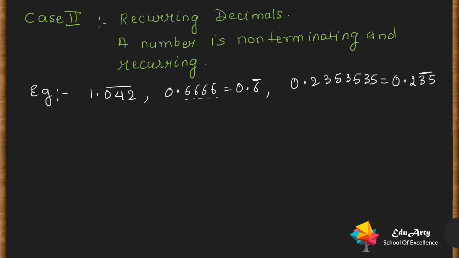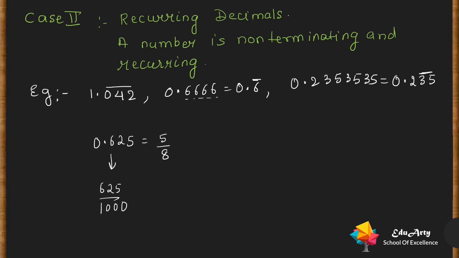So these are the kind of questions that mostly we are going to deal with, and the main issue is that it is not easy to show these. In the previous example, we saw that it was 0.625 and we could easily show it was 5 by 8, because we could take 625 by 1000.